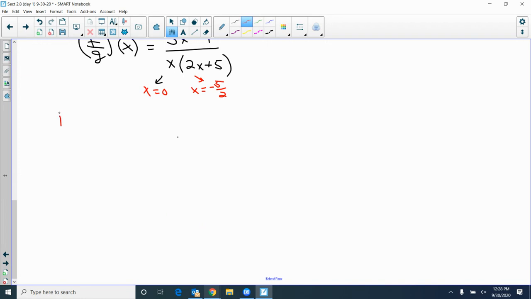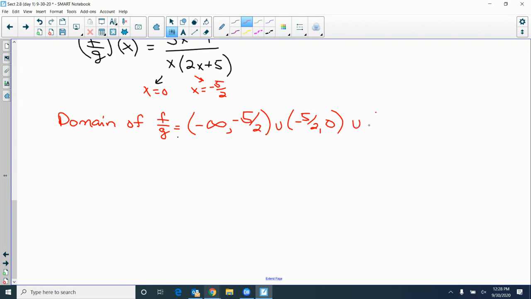So what is the domain of f over g? It's going to have everything but those points. It starts at negative infinity. What's the first point it comes to that is excluded? Negative 5 halves, so negative 5 over 2. Union negative 5 halves to 0. Union 0 to infinity.